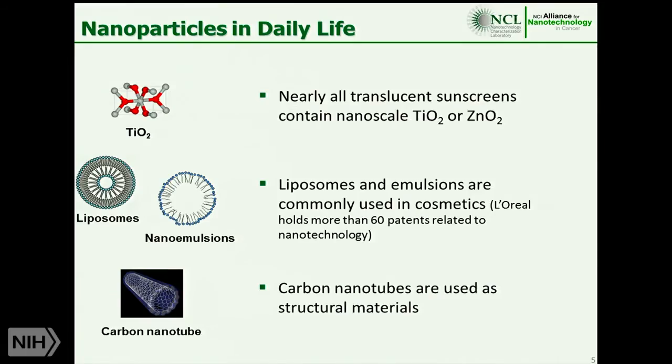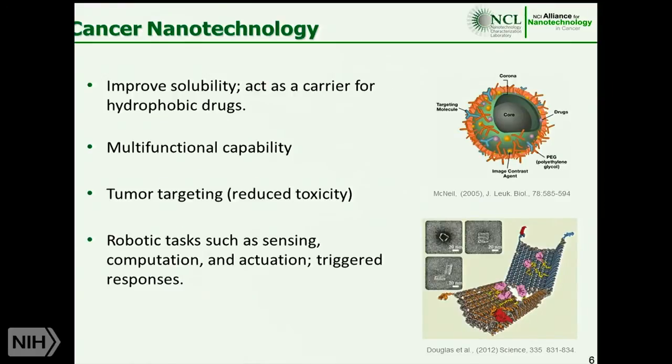Many of you are using nanoparticles throughout the summer when we apply sunscreens to our skin and the skin of our children, because some of these sunscreens contain nano-sized titanium oxide and zinc oxide. Nanoliposomes and emulsions are commonly used in cosmetics, and some materials like carbon nanotubes are used as structural materials.